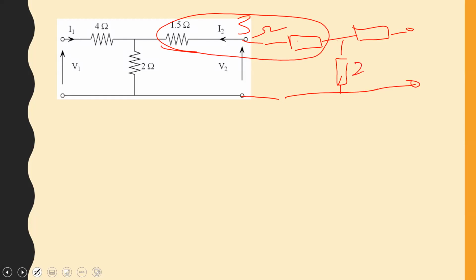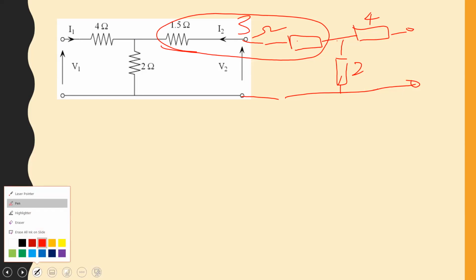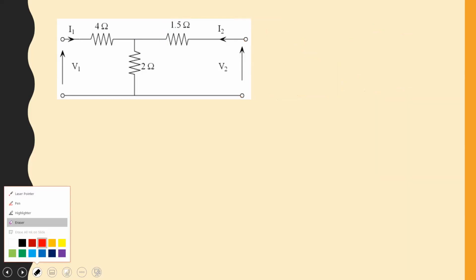This being 2, that being 4. So if I split the circuit into these two and then connect them in cascade, meaning the output of one at one port is the input for the other port, that's what cascade means. If we did that and then find the transmission parameters, so let's try that.